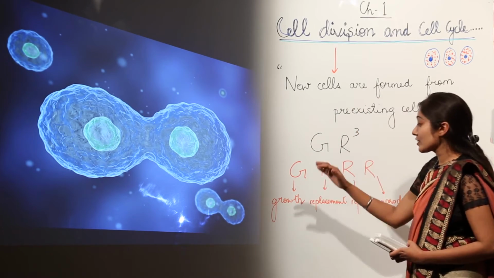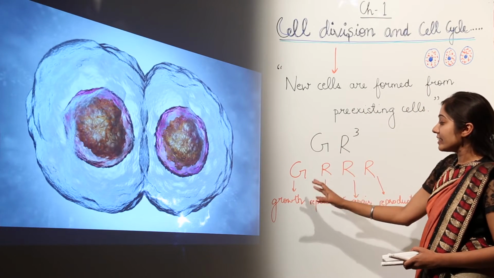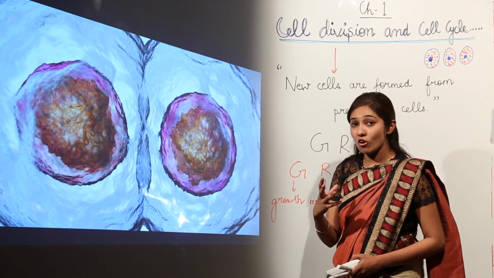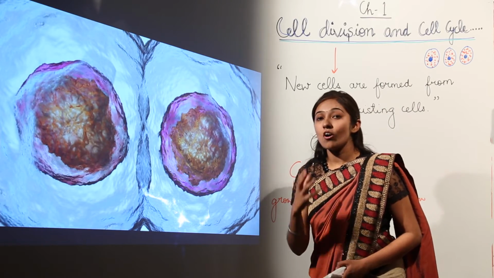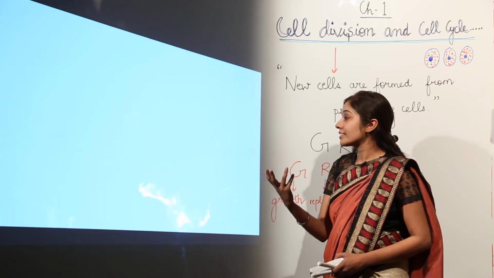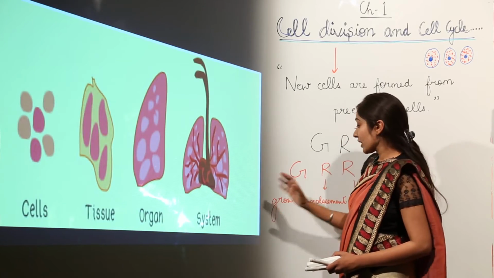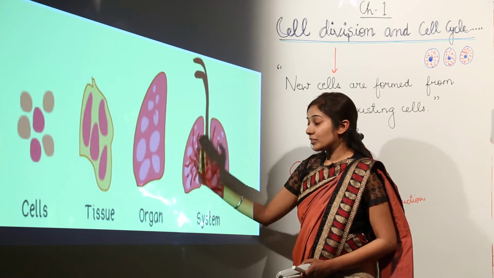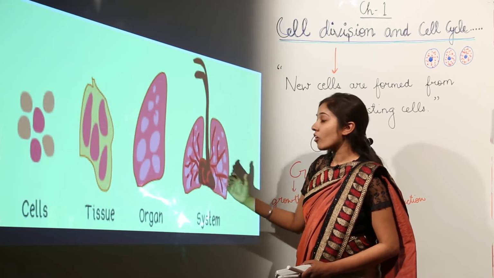But the growth we are referring to here is, when cells divide, what are they eventually forming? They are eventually going to form tissues, and tissues are going to form organs, organs will form organ systems, and organ systems will form a complete organism. So, for growth we mean that cells divide to form a tissue, tissue forms an organ, and organs form organ systems.